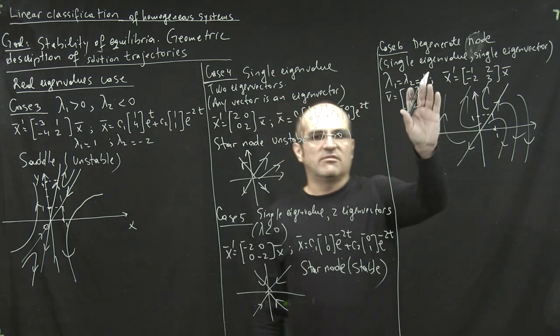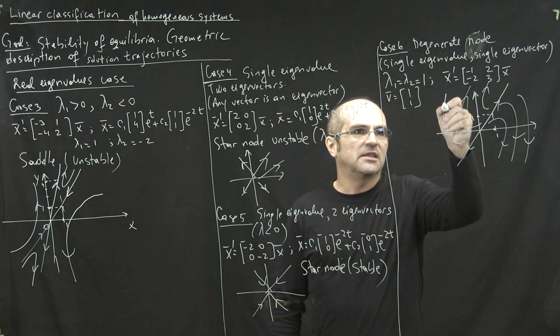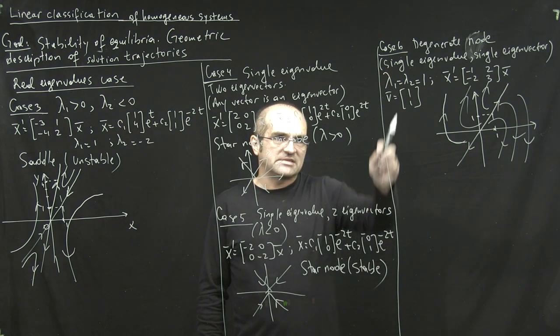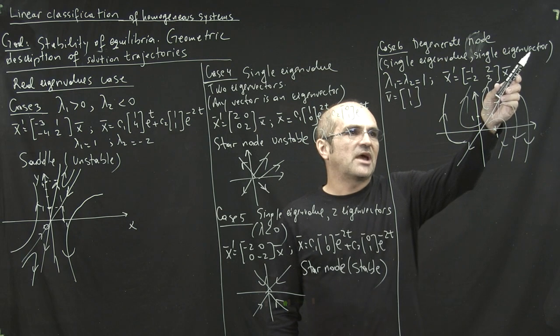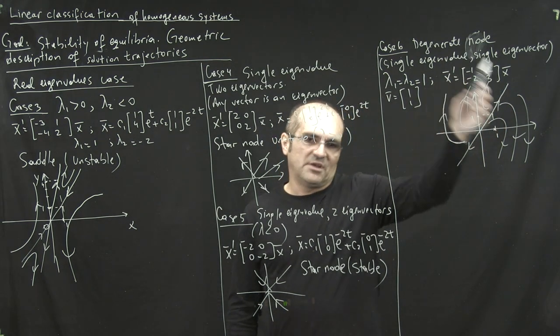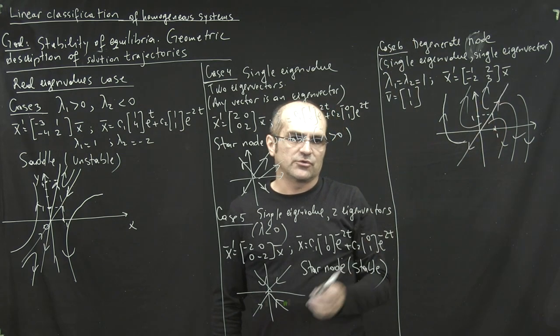Sometimes, depending on the value of lambda, this is confused with a spiral point in the complex case, as you'll see. But the dead giveaway that you have a single eigenvalue, single eigenvector, or the degenerate node, is when you have a straight line solution. You clearly see that all of them are moving away like that or towards 0, but there is only one straight line solution.